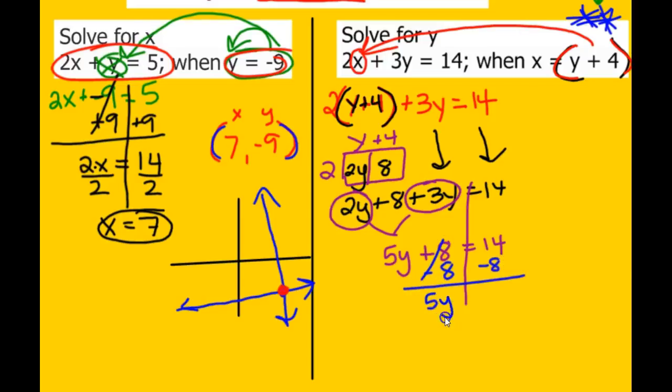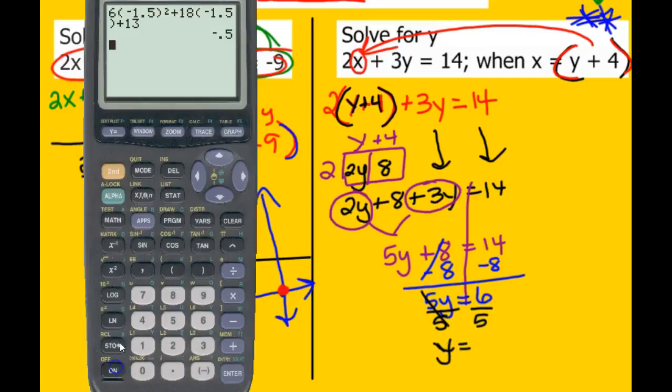We got 5y equal to 14, take away 8, gives us 6. And then last, we're going to divide by 5. So we have y equal to 6 divided by 5. Now, that's not a very nice number, so if you just type that in your calculator, as a decimal, it's 1.2.